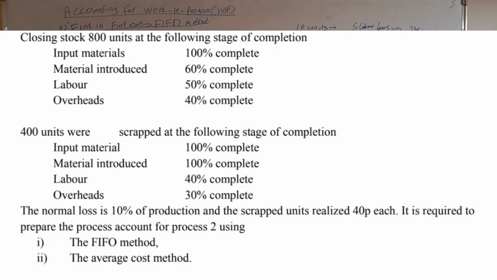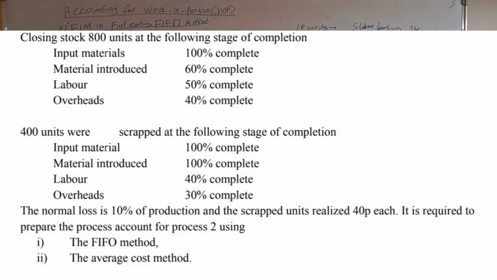Now, there is something here. 400 units were scrapped at the following stage of completion. Input material 100%, material introduced 100% complete, and overheads 30% complete, labor 40% complete.